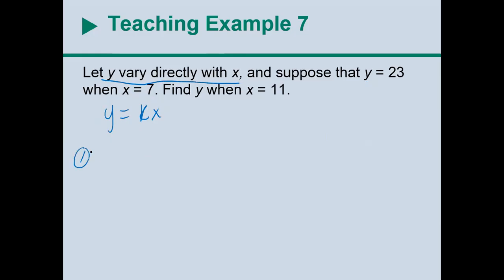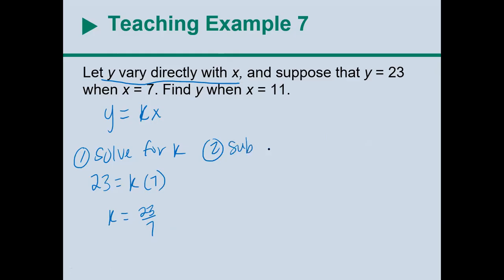So step 1 is I'm going to use my given information to solve for k. It told me that y is 23 and x is 7. So therefore, k equals, I'm just going to leave it as a fraction, 23 over 7. I don't like mixed numbers, but you can use a mixed number. And then step 2, I'm going to substitute that value in.